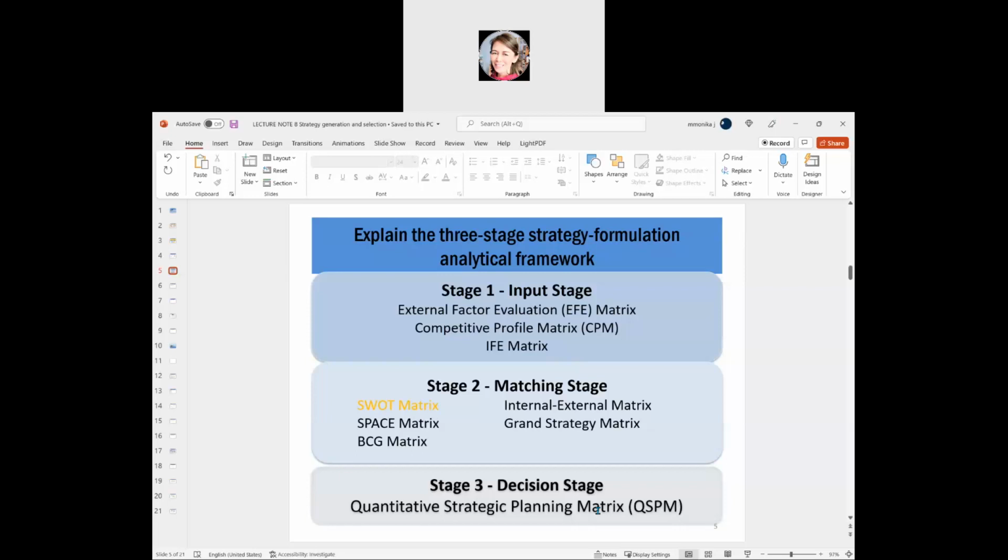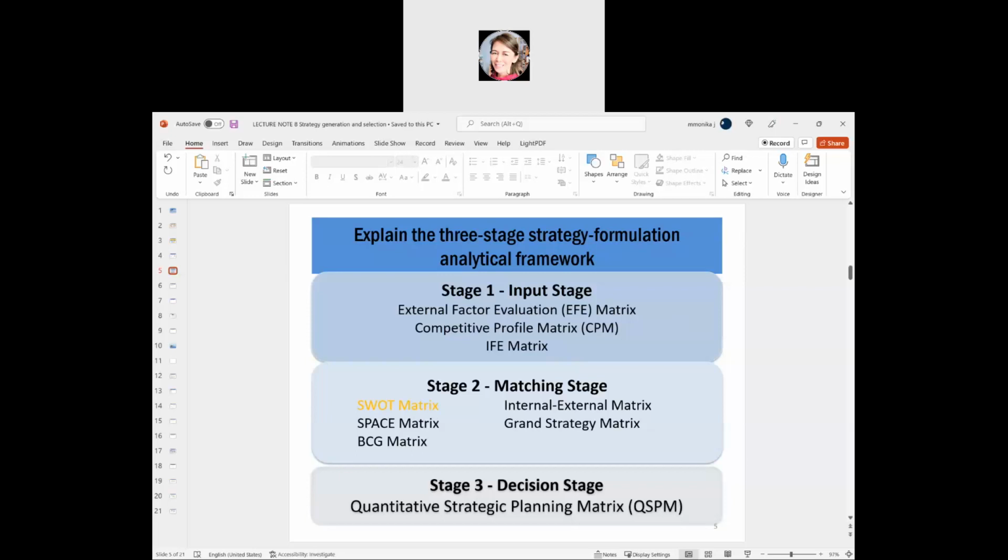Now, just to summarize, this three-stage strategy formulation framework requires integration of intuition and analysis from the strategist's part.